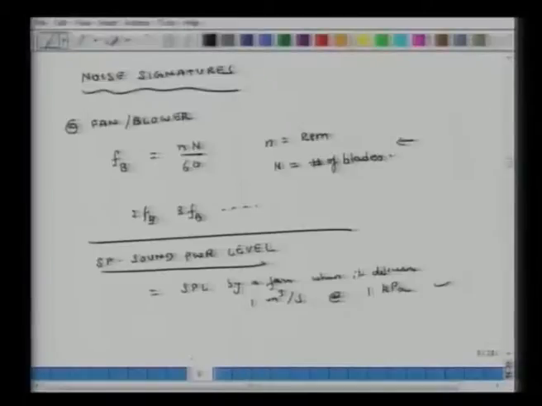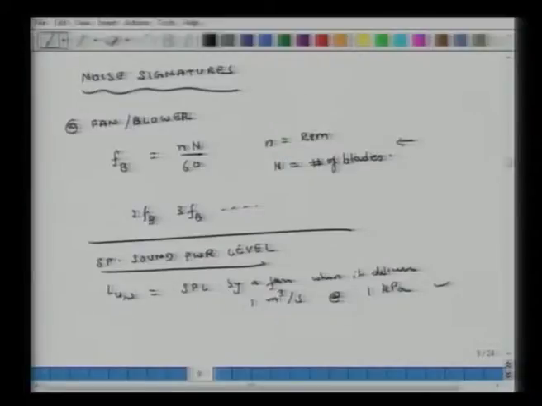Now you can use this chart to calculate the total amount of noise emitted by a fan, and we will show that through an example now. Before that, I will label the specific sound power level as LWS.